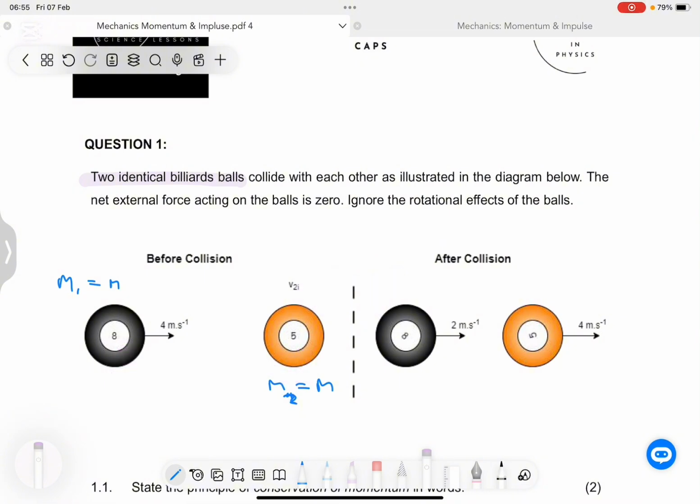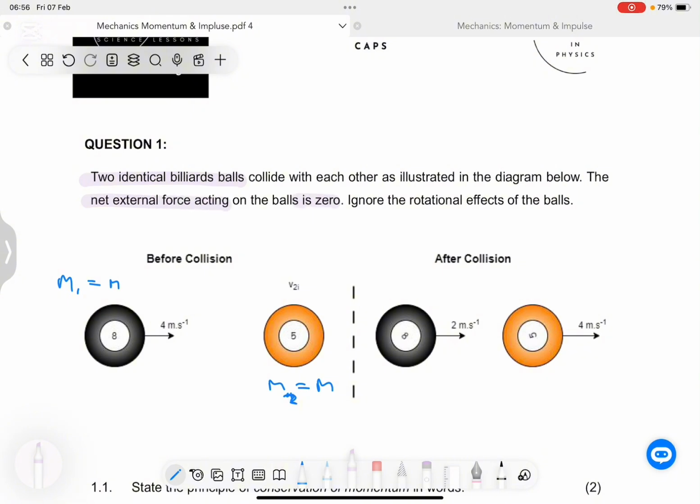They further say to us that, well, obviously we can see after collision that both of the balls move to the right with velocities 2 and 4 meters per second respectively. Now they further say here that the net external force acting on the balls is 0.